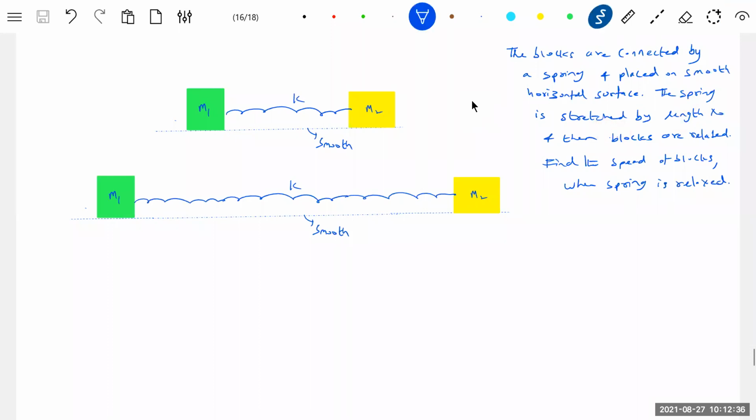So when I stretch it, okay. I should go till here, no? So what is the elongation of spring? No, x1 plus x2 is the elongation of the spring.